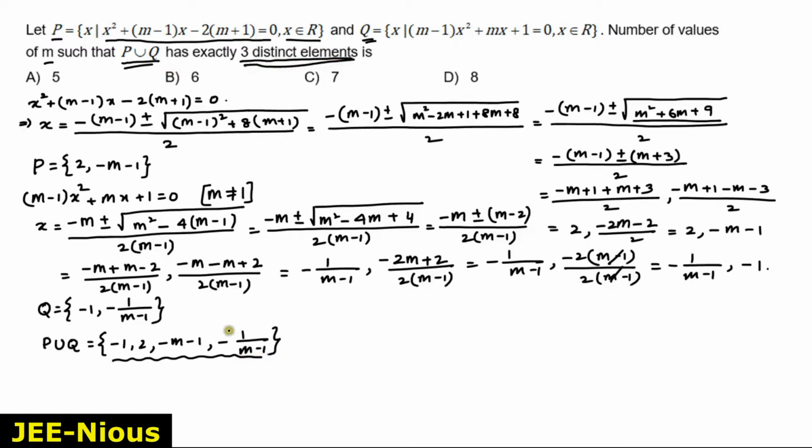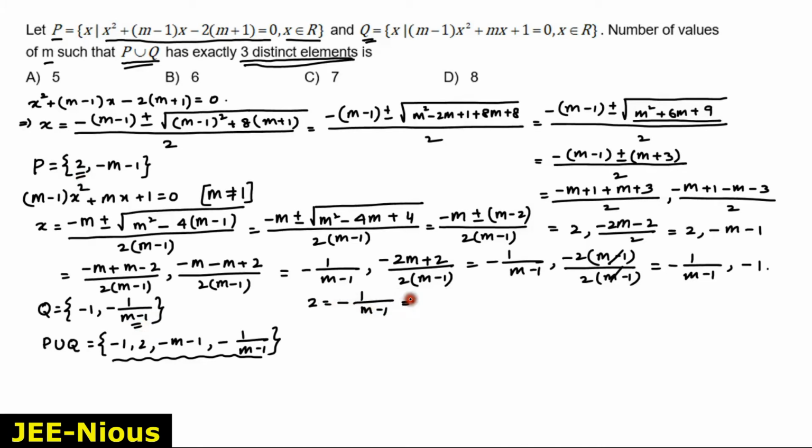Okay. So one root, or else we can say one element, has to be equal to an element of the other set. Is it clear? Maybe with the same set also. Now let us assume that 2 is equal to minus 1 by m minus 1. Let us say this element is equal to this element.